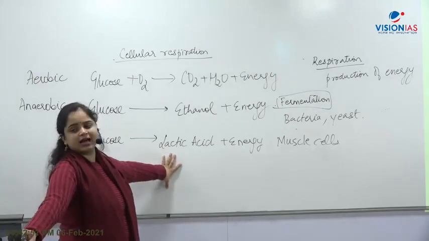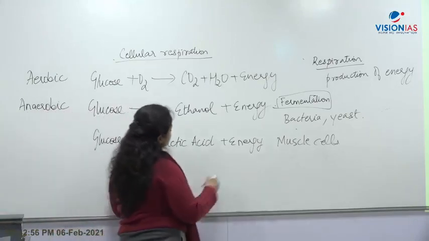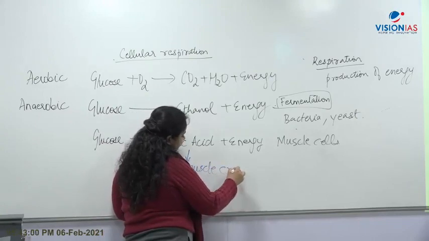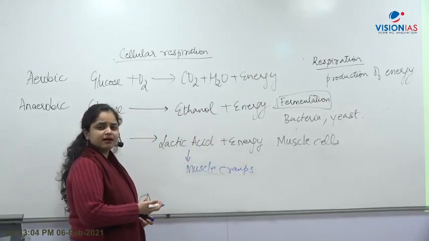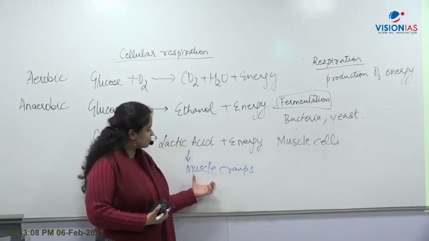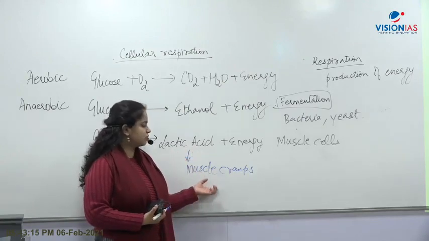And this lactic acid gets deposited in the muscle cells, and this actually becomes the reason for the muscle cramps which you have. When you run after many days, you experience these muscle cramps. What is the logic behind this? The logic is that lactic acid has accumulated here, so muscle cramps are formed.